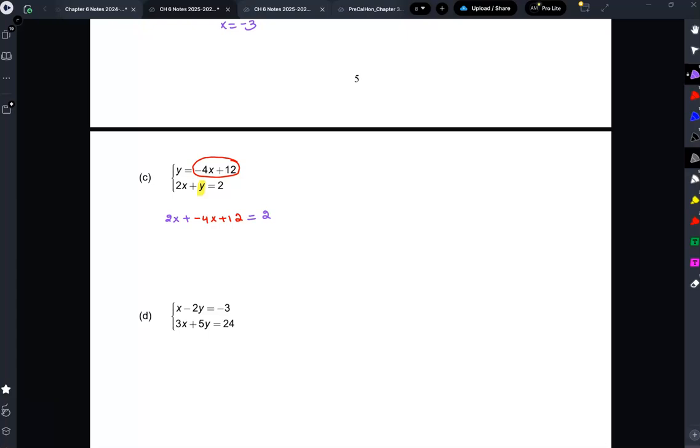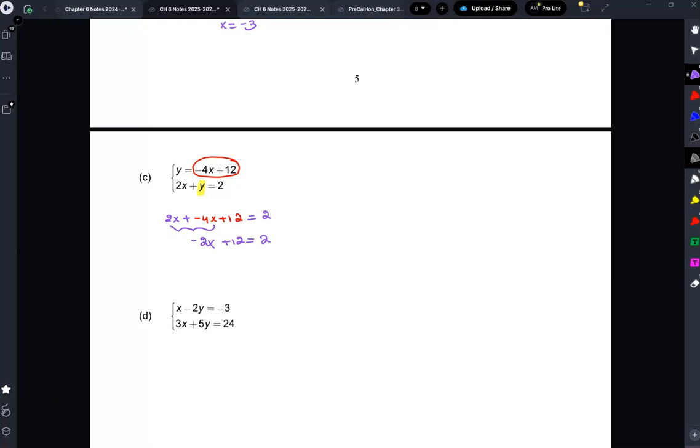Now, here's where there is a problem. When I combine like terms, what does that give me? Somebody raise your hand and tell me. Yep. Any other answers? Negative 2x, because this is 2x minus, plus and minus together makes minus, okay? So this is negative 2x plus 12.